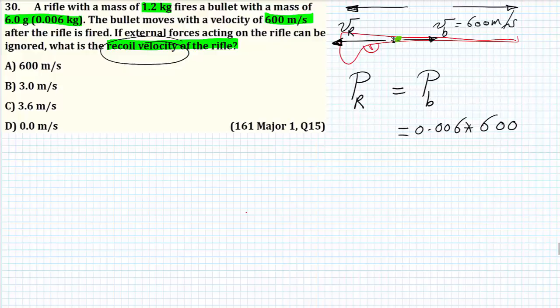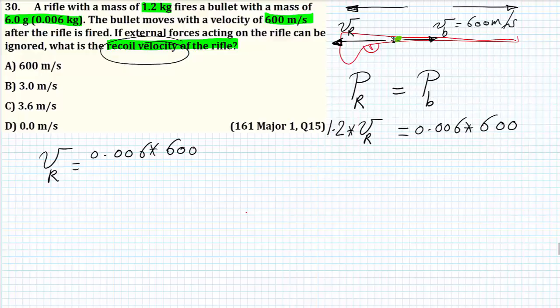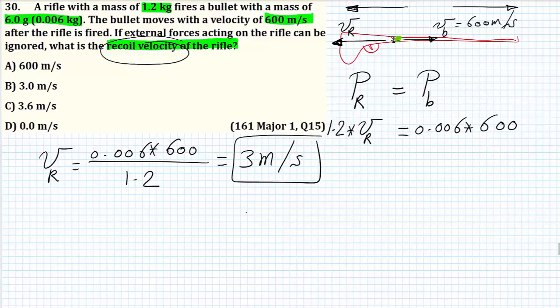And the momentum of the rifle equals its mass, which is 1.2 kilogram, times its recoil velocity. I will call it VR. So VR here is 0.006 times the 600 divided by the 1.2, which is 3 meters per second. So this is the recoil velocity of the rifle.